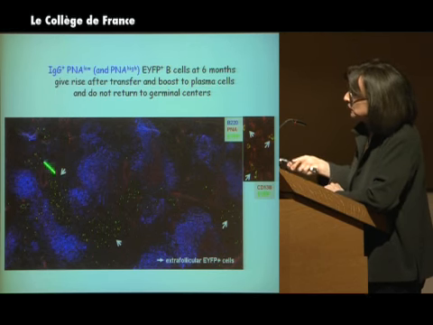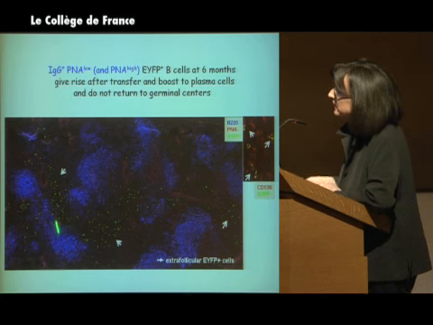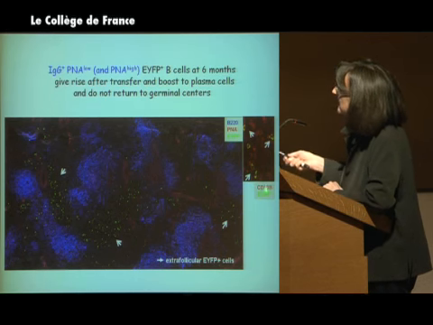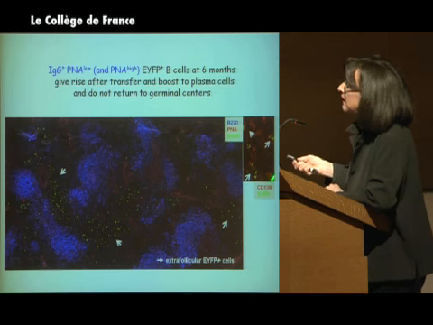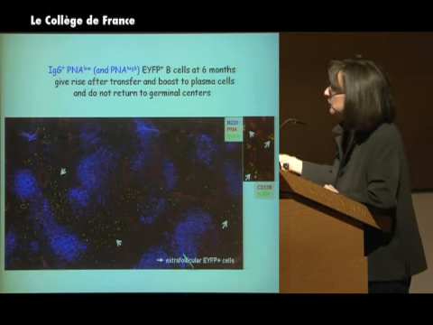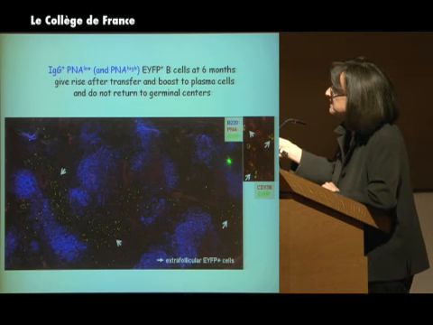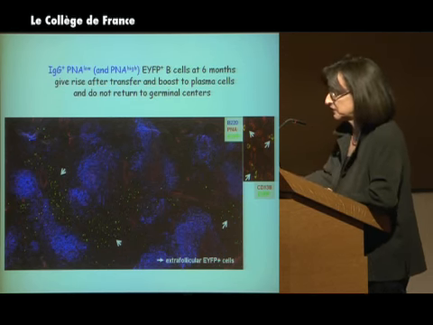And when you look in confocal microscopy, you see that this expanded population is mainly located in the red pulp and has a CD138 phenotype, which is a classical plasmocyte marker. Again, you don't see these cells within any germinal center structure within the B cell zone.